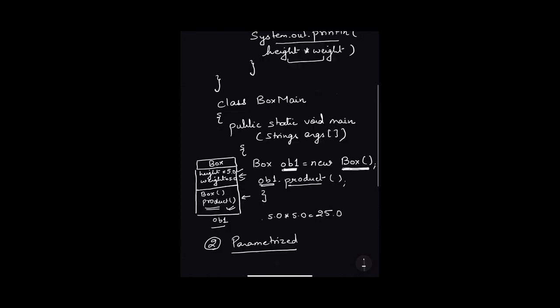Let us now consider another constructor called a parameterized constructor. The difference between the default constructor and the parameterized constructor is that in the default constructor you are not passing arguments, whereas in the parameterized constructor you are assigning user defined values to your instance variables. So now let us consider the same example.